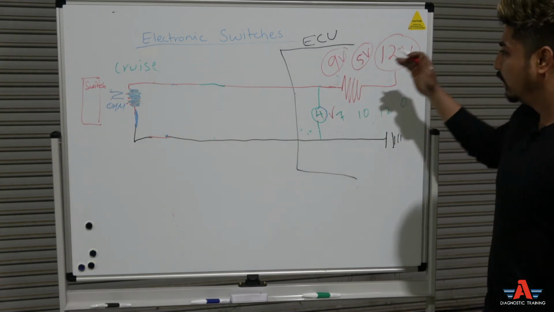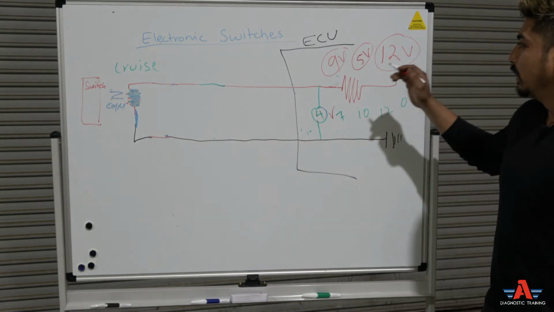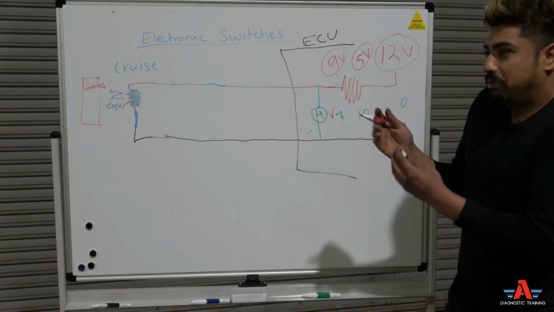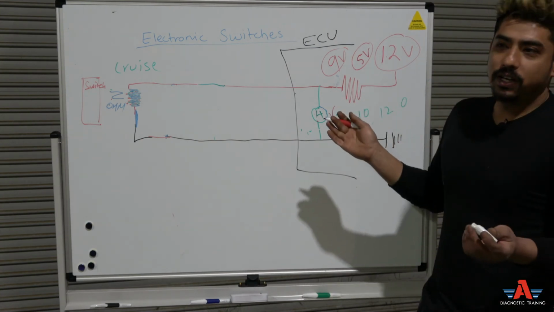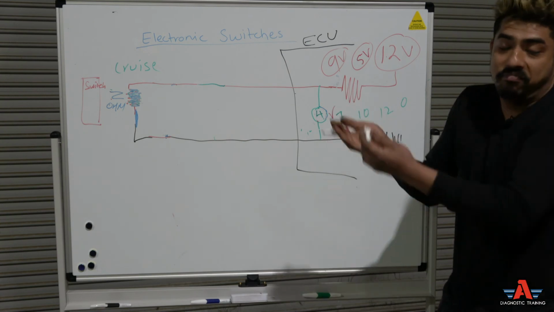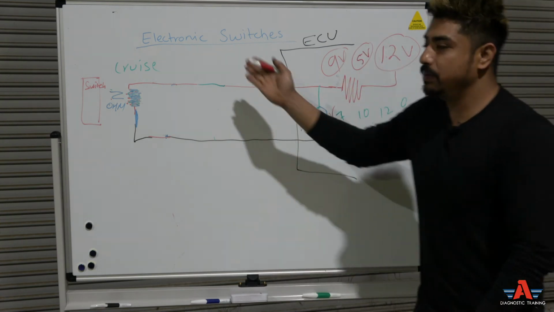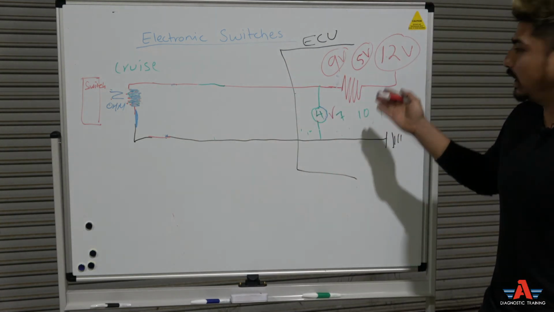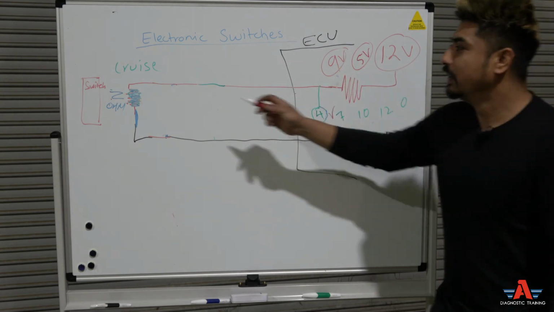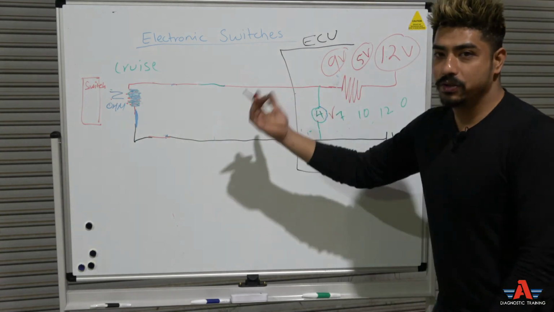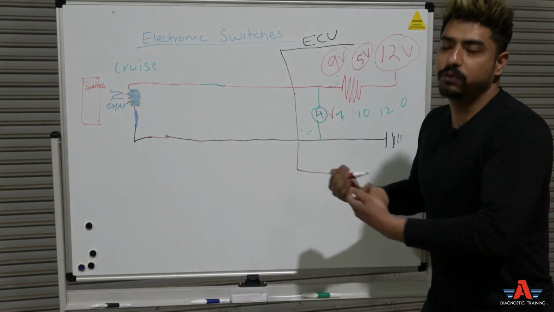It doesn't matter. This bias voltage is whatever the manufacturer chooses to put there. But the principle is exactly the same. If it's 5 volts, they put a resistor, maybe it will drop to 4 volts, 3 volts, 2 volts, 1 volt.